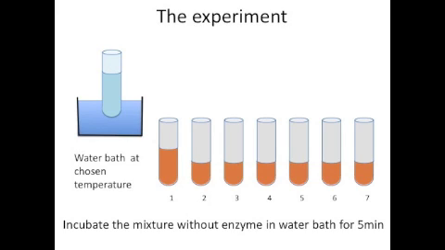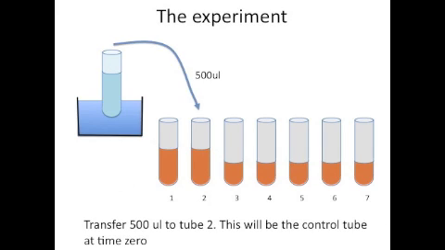Each group will be using a different temperature. After about 5 minutes, when the tube will have equilibrated to the temperature of the water bath, you can take one 500 microliter aliquot and add it to the second tube. This will be your time zero point for the reaction.